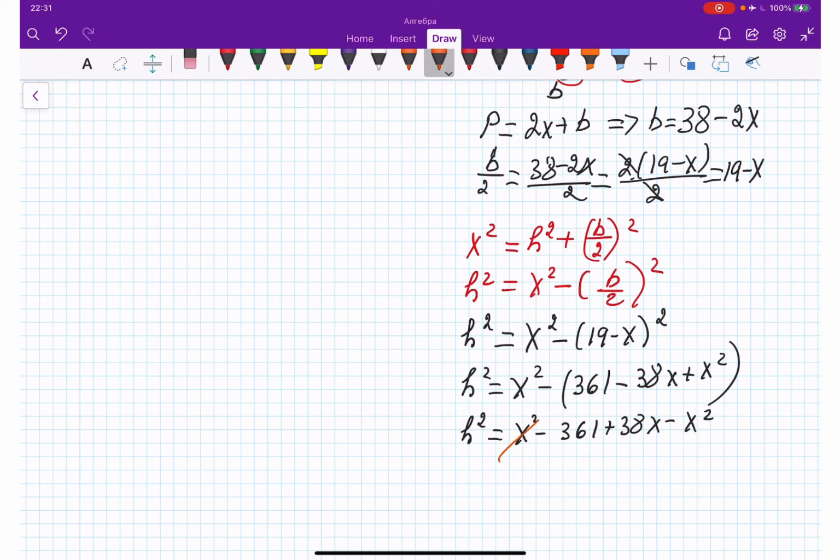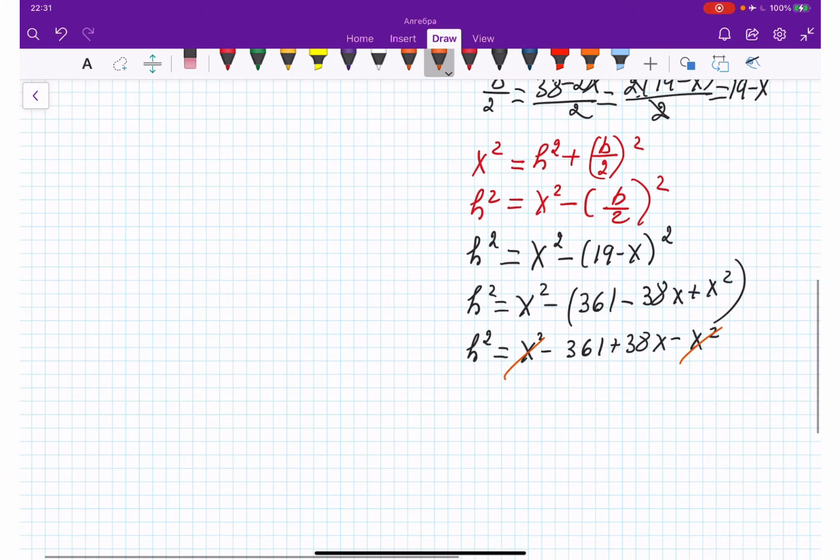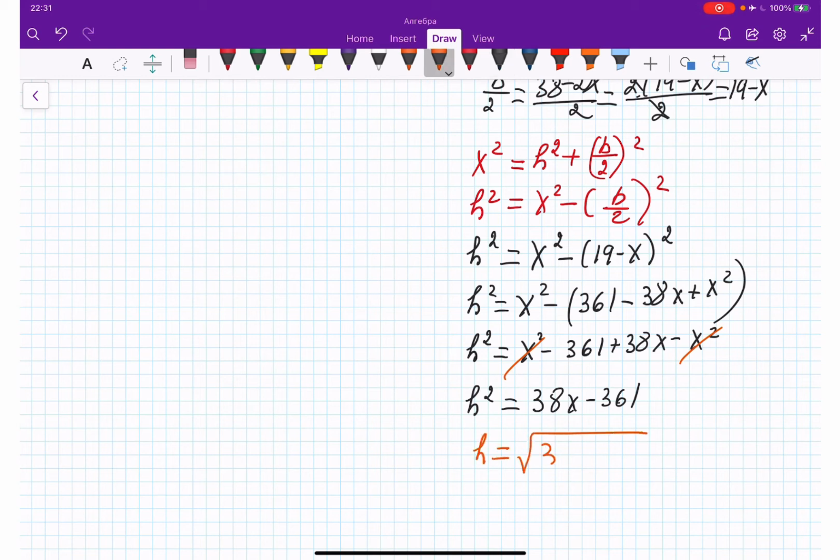From here, x squared and x squared are gone. And we have h squared. Let me write down first the positive term, 38x, and then minus 361. And finally, from here, h is equal to the square root of 38x minus 361.